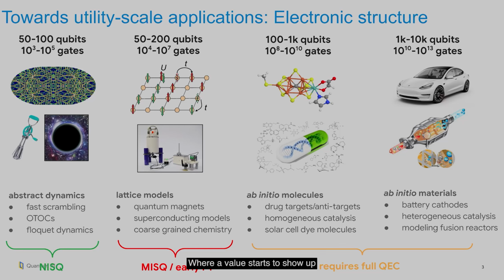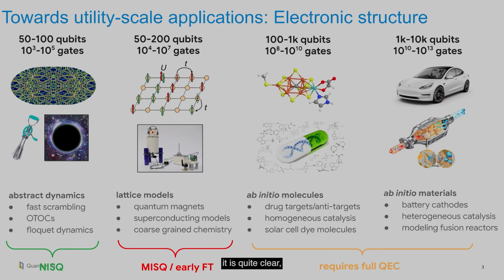Where value starts to show up is when you go to the regime of at least 100 logical qubits and maybe 1 billion quantum gates. So these are problems that definitely need full quantum error correction, at the scale of 1,000 physical qubits per logical qubit.